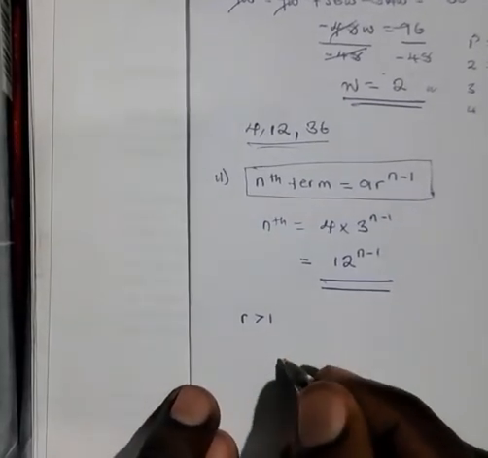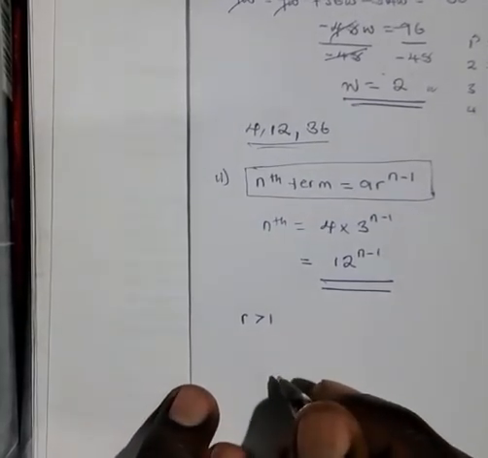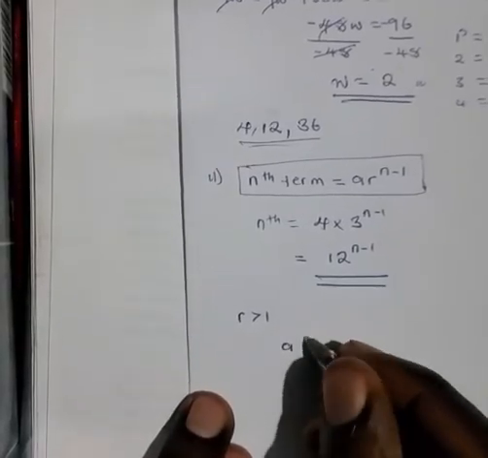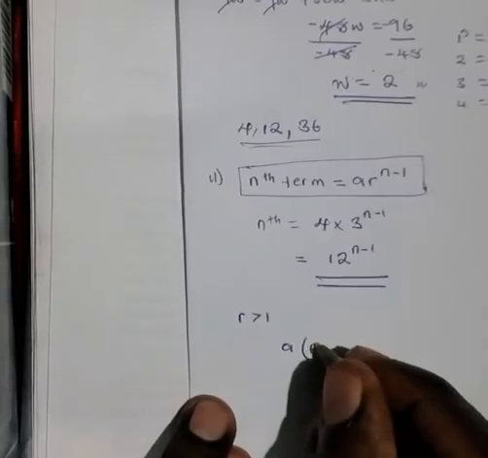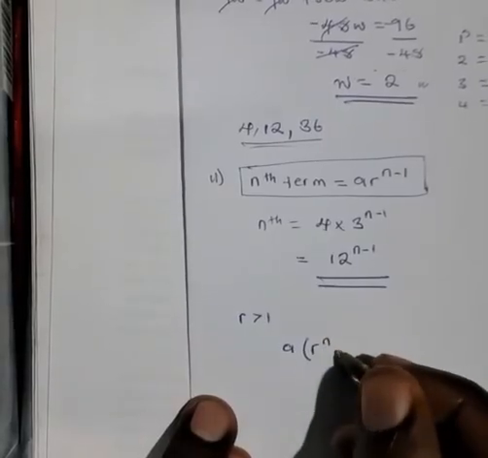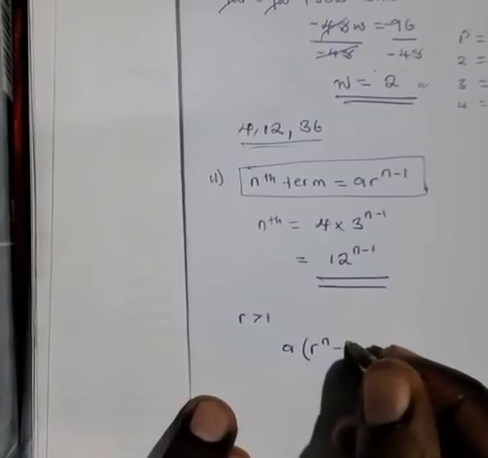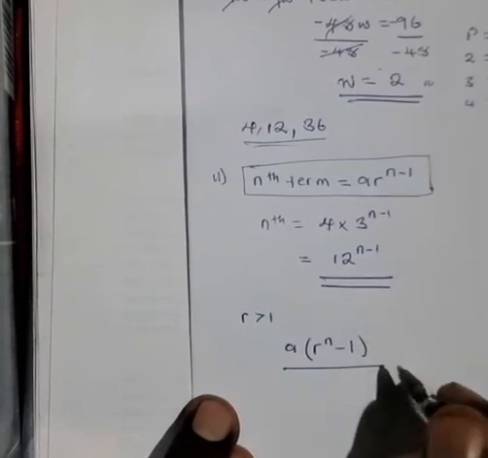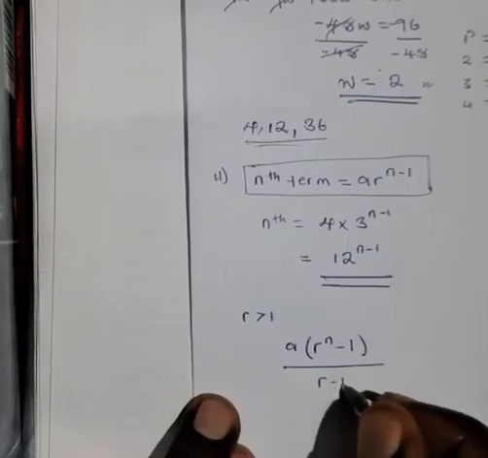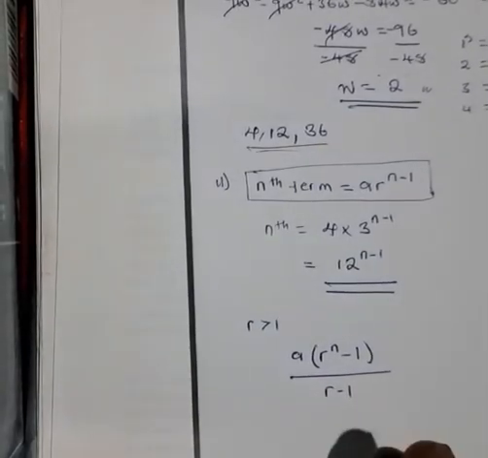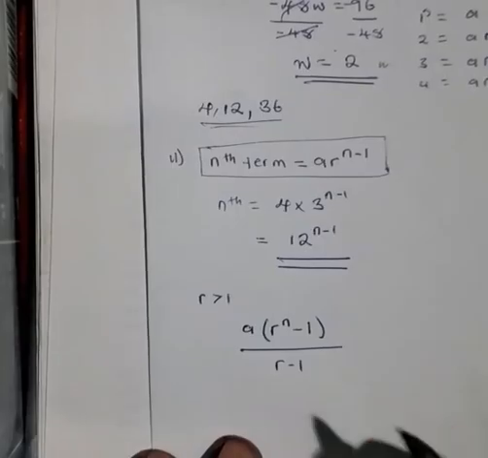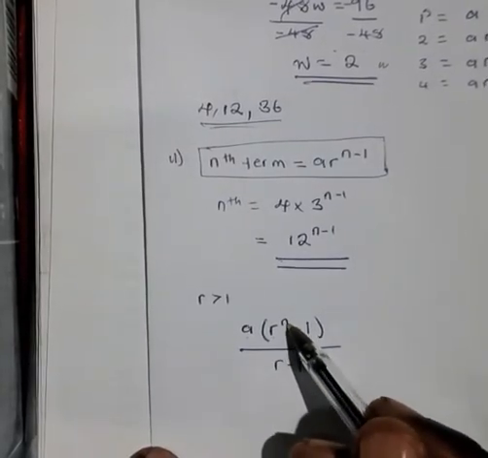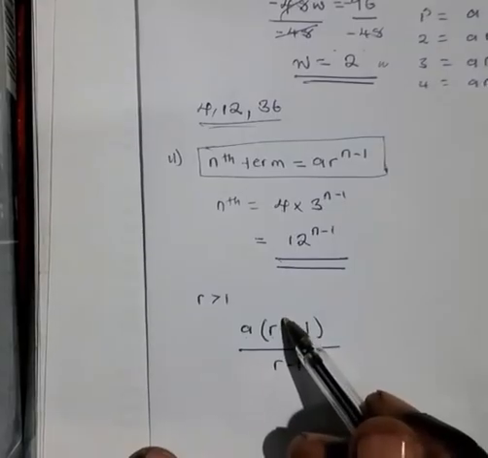Of course this one is always on the paper at the cover. So we're going to have a in brackets, r to the power n minus 1, then all of this over r minus 1. You don't have to remember this because it's there in your paper. So this one has the first term, the common ratio, and the number of terms.